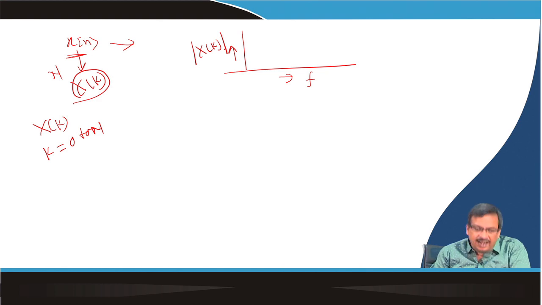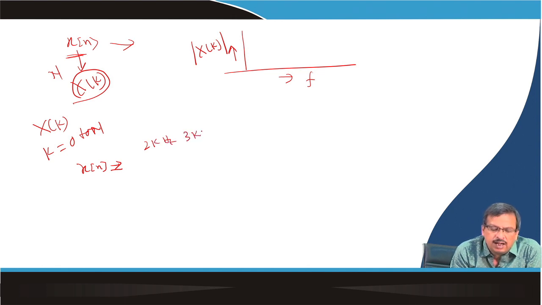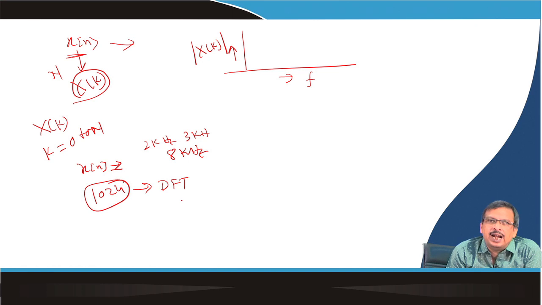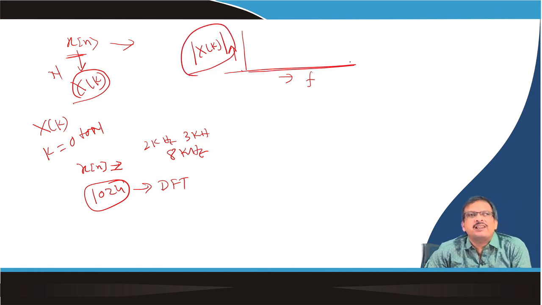So, what I said: let us generate a signal x of n which has cosine frequency components of 2 kilohertz and 3 kilohertz, sampled at 8 kilohertz. Generate, let us say, 1024 samples, compute the discrete Fourier transform using the FFT algorithm, then plot the mod of x of k versus frequency, the spectrum of the signal.